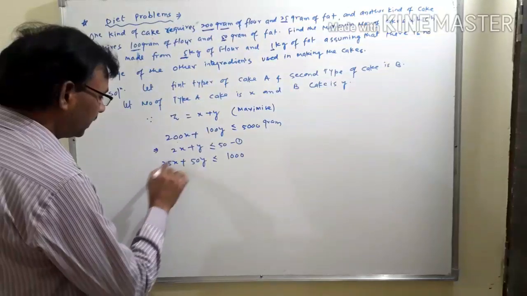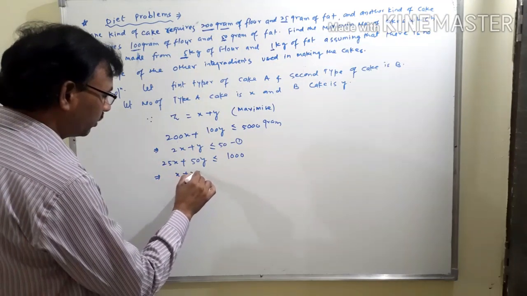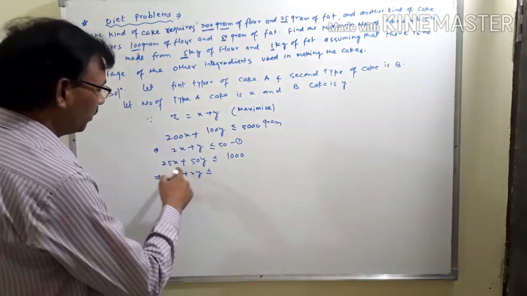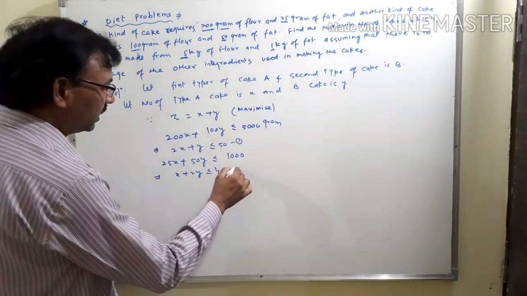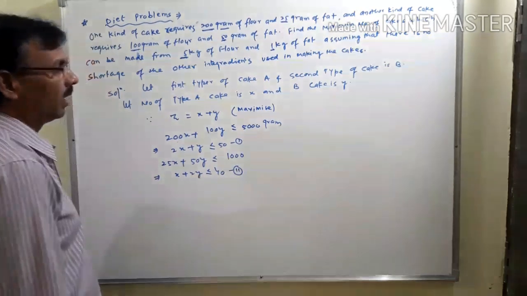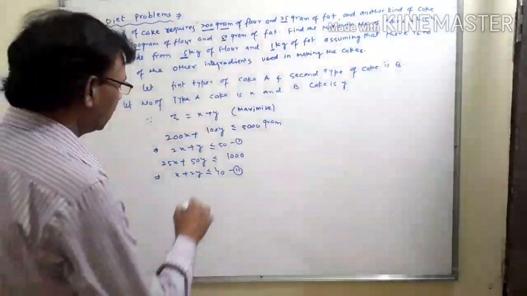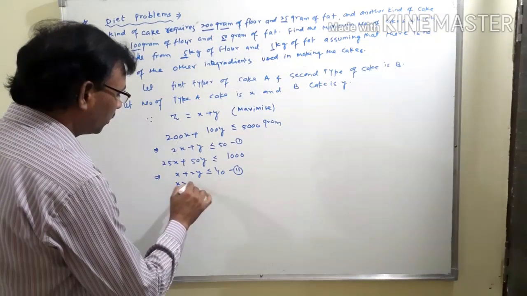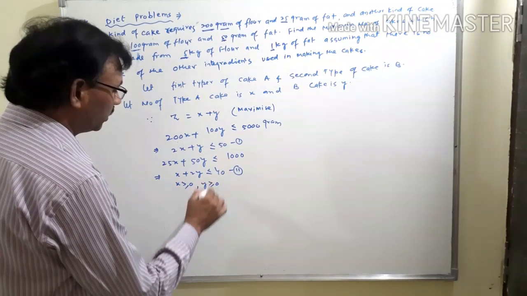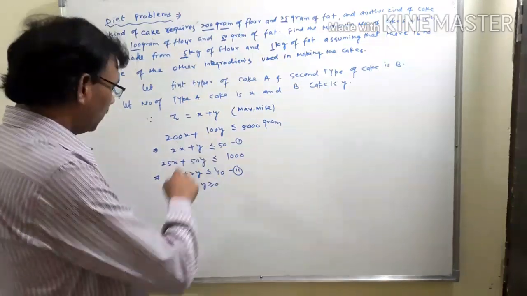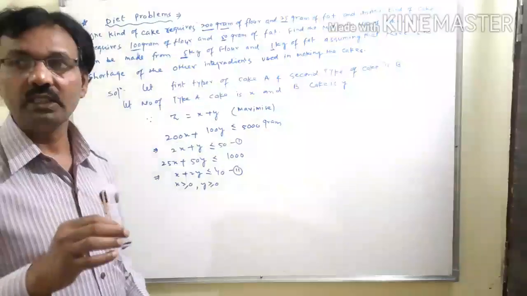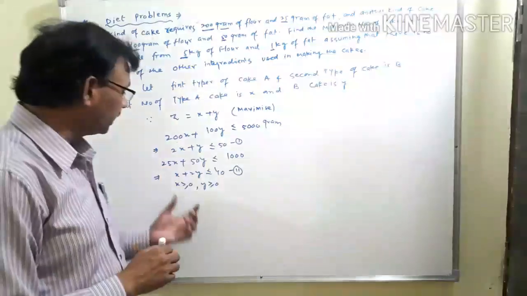If you simplify it, then this will be x plus 2y is less than or equal to 40. This is the second. And the non-negative constraints: x is greater than or equal to 0 and y is greater than or equal to 0, because x and y are the number of each type of cakes, which is never negative.